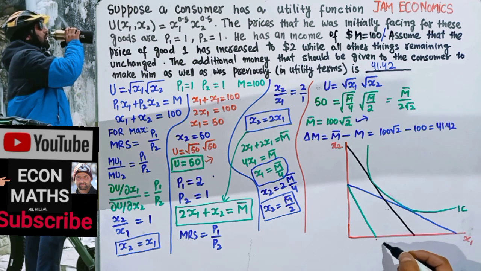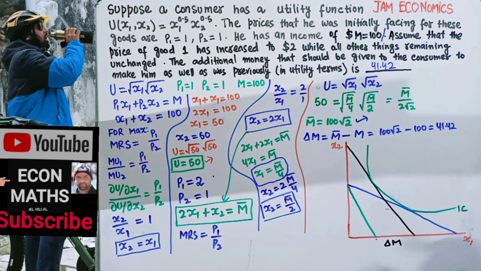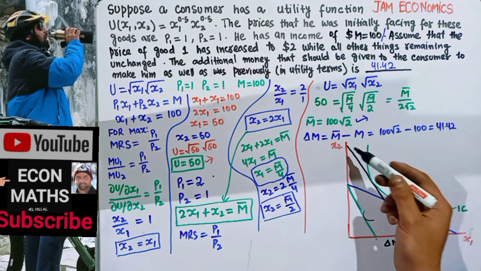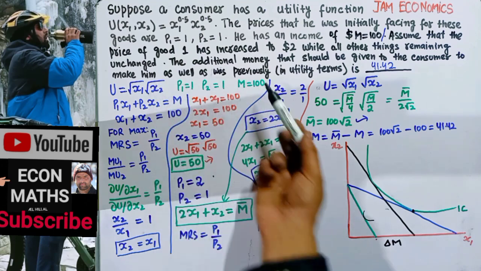We want to know how much extra income we want to give the consumer so that he is back to this indifference curve. Initially he was at this point. The price of good x1 has increased, so he will be here somewhere, on some lower indifference curve. Then the question tells us how much extra income we want to give him. That means this budget line should shift in parallel. It will shift in such a way that he is as good as he was initially.